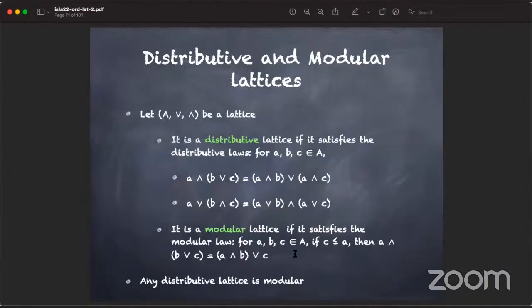A meet (B join C) is what? (A meet B) join (A meet C) by this. Now, since C is less than or equal to A, A meet C is C. Hence, if a lattice is distributive, it will be automatically modular as well.